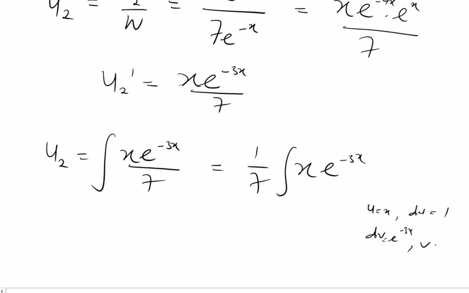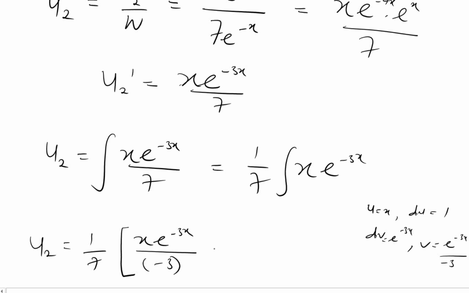What is going to be my v? Exponential of minus 3x over minus 3. So u2 is equal to 1 over 7 into uv, that's x exponential of minus 3x divided by negative 3, then minus integral of v du. Du is 1, so it's just v, exponential of minus 3x all over minus 3.